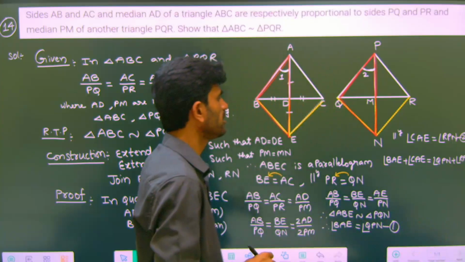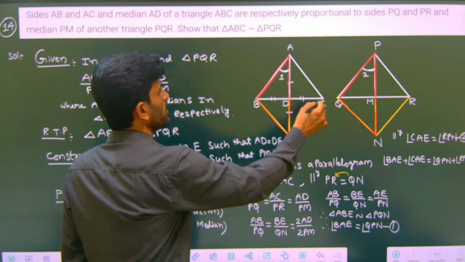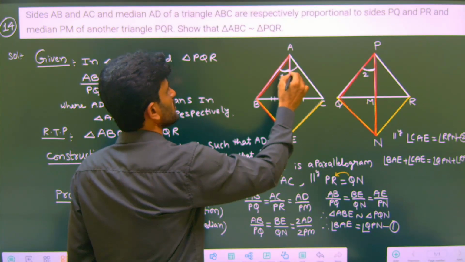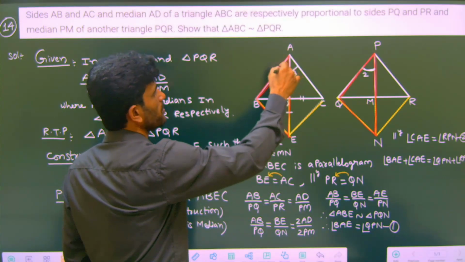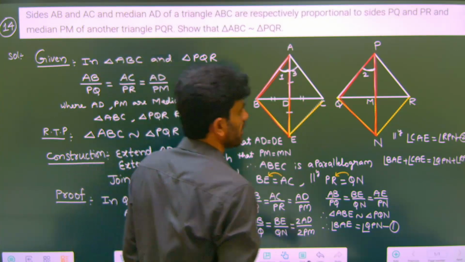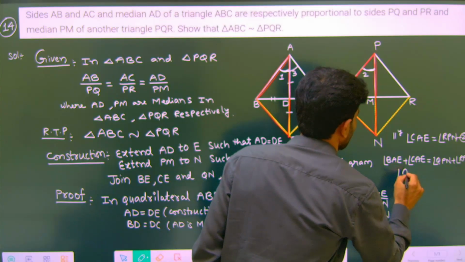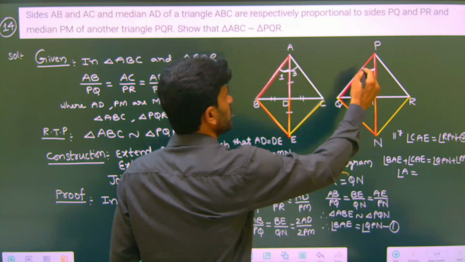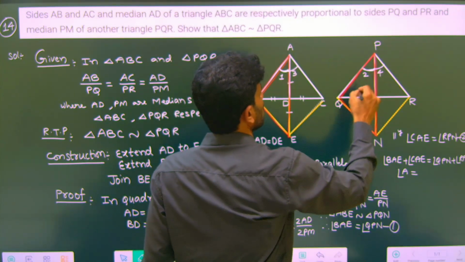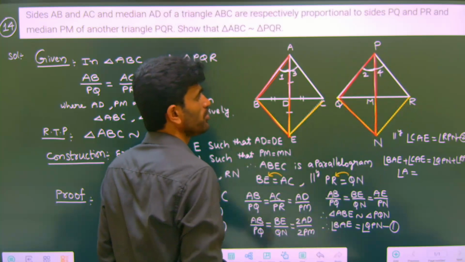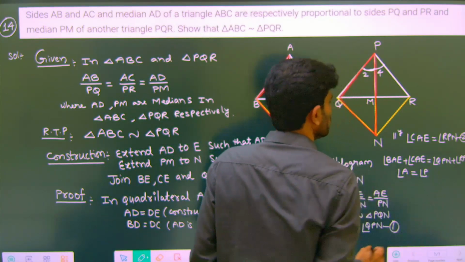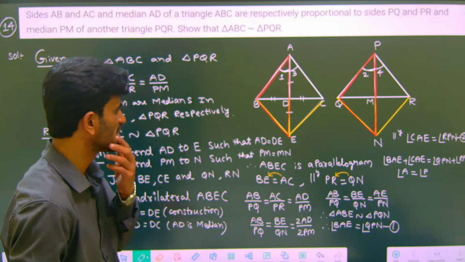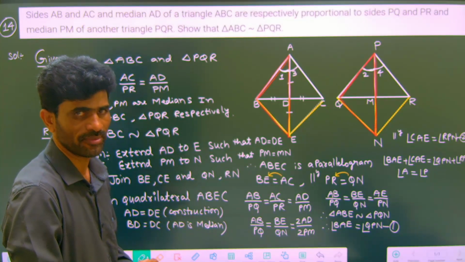Observe that BAE plus CAE is angle A. And QPN plus RPN is QPR, which is nothing but angle P. So by this, we proved at last that angle A is equal to angle P.